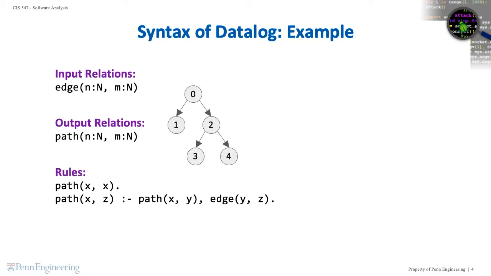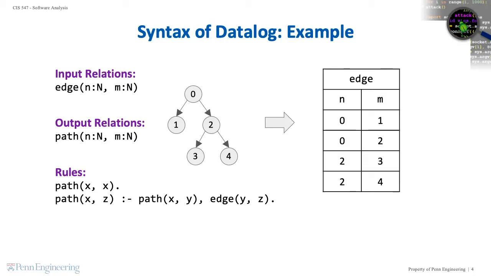For example, for the graph shown here, the edge relation contains tuples (0, 1) and (2, 3), but not tuples (3, 4), (0, 3), or (2, 0).